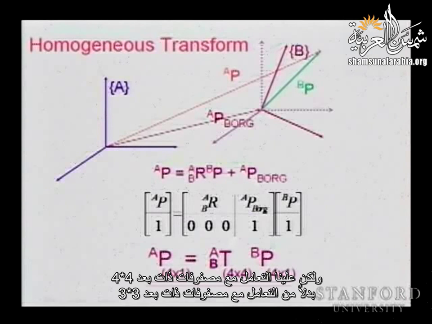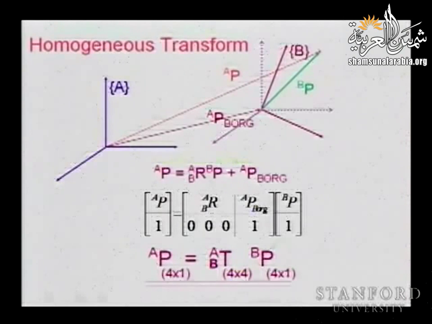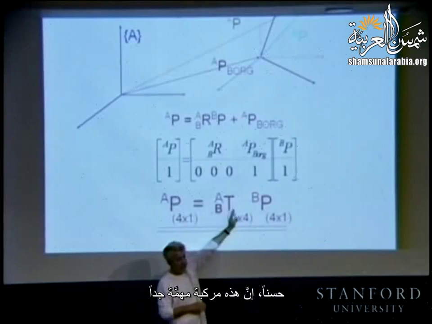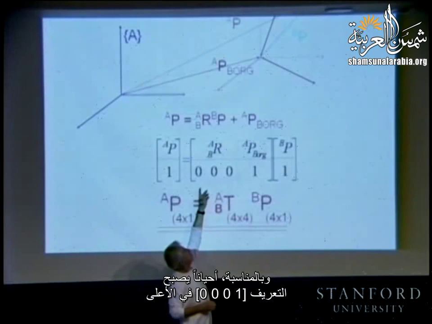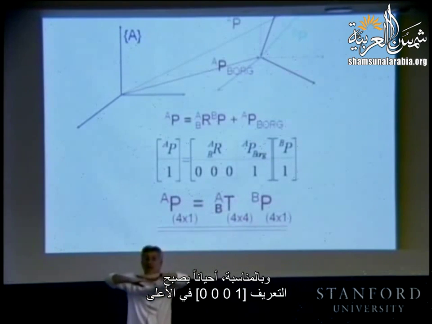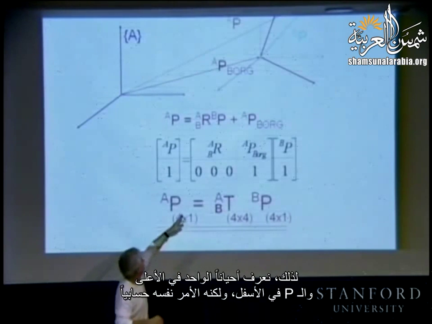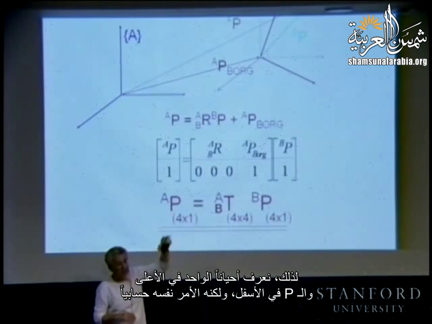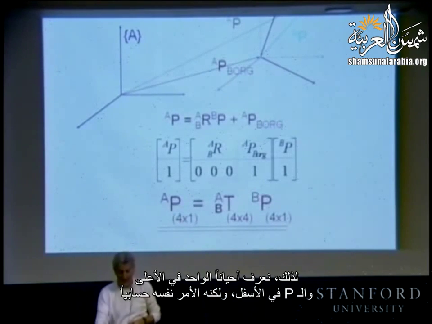But we have to handle 4 by 4 matrices instead of 3 by 3 matrices. Okay, so this is a very important component. Now, by the way, sometimes 0001, the definition is on the top. So sometimes you define 1p instead, but it is exactly the same computation.